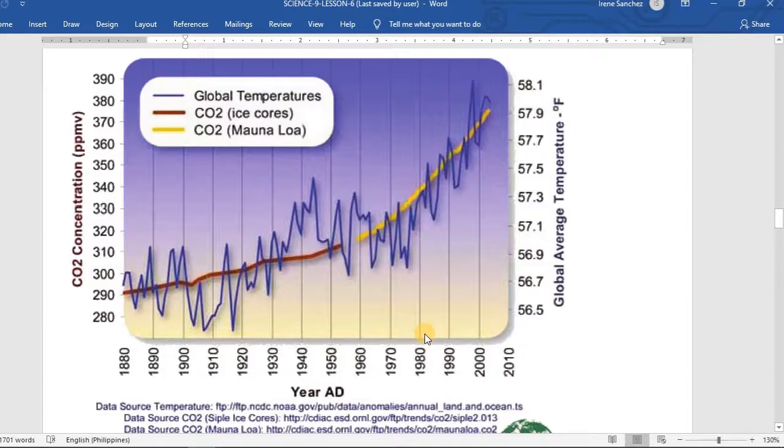They averaged and combined the graphs, overlapping the carbon dioxide concentration and the average temperature, and they were able to see a pattern. When they overlapped them, they saw whether it is increasing or decreasing. It looks like it's going up. So that is how you read it, and then you just try to answer the questions.